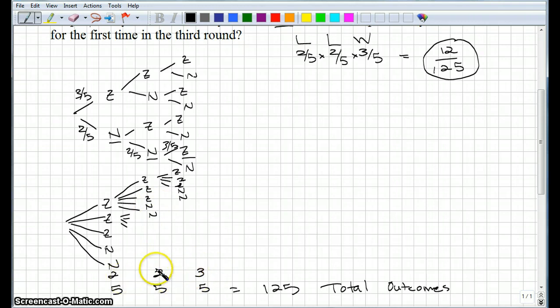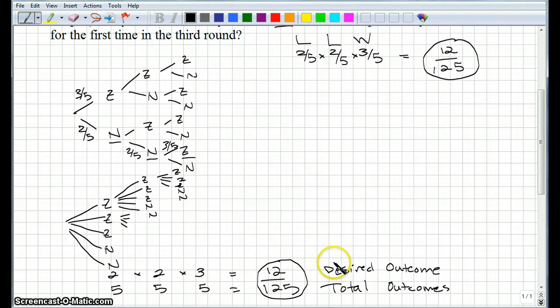Okay, so this is the outcome that we're looking for, because we're asked to find the probability that Zoe wins for the first time on the third round. Okay, and again, if we just multiply those together, we end up with 12 desired outcomes in this equivalent problem, which gives us the probability of 12/125.